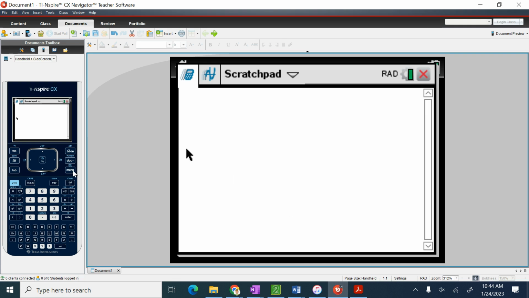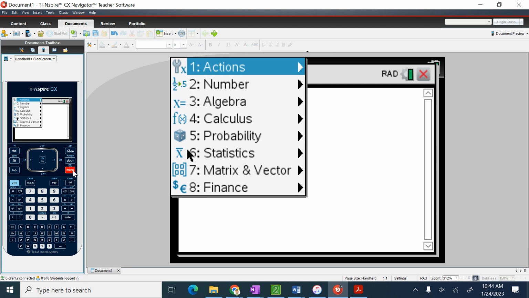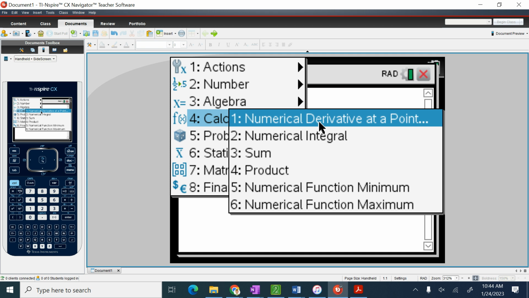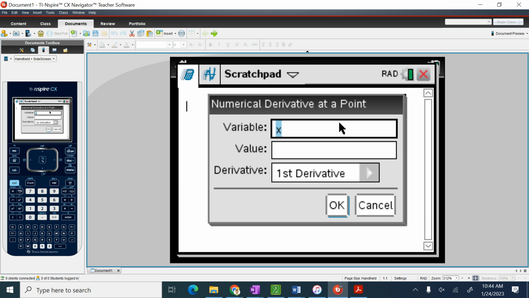What do I have to push to get derivative? Menu, then what? Calculus, then what? Numerical derivative at a point, or I could just hit the number 1. Then I have to put a value in here.